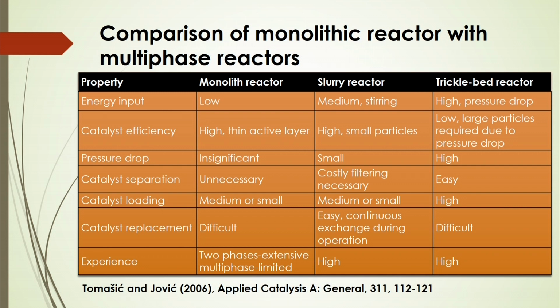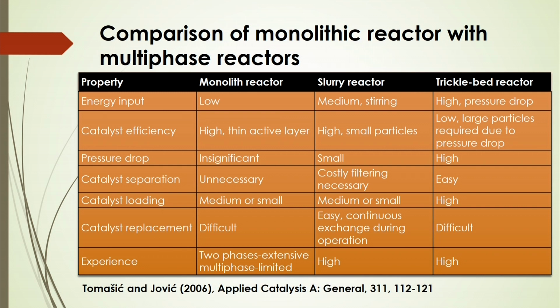So as per this comparison of the monolithic reactor with multiphase reactors, we can conclude that in most cases monolithic reactors give better performance compared to slurry and trickle bed reactors, but in some aspects it may not be so.